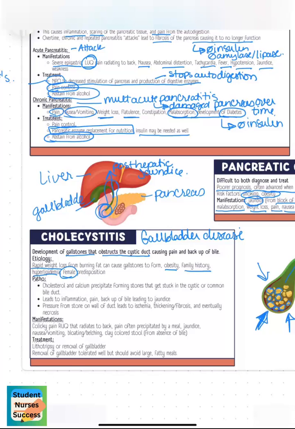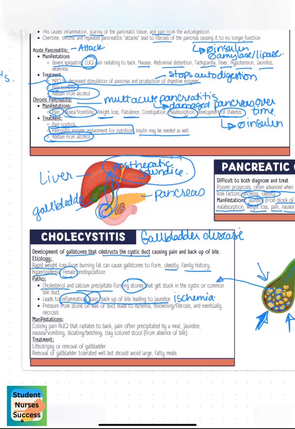What we see is cholesterol and calcium start to form these stones. And we've got these stones right here, and these stones get stuck in the cystic or common bile duct, either one. And when they get stuck, they cause inflammation, ischemia, and that ischemia can cause pain and also a backup of bile into the liver that causes this post-hepatic jaundice.